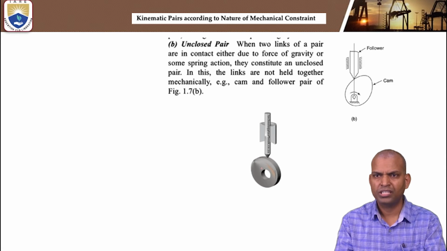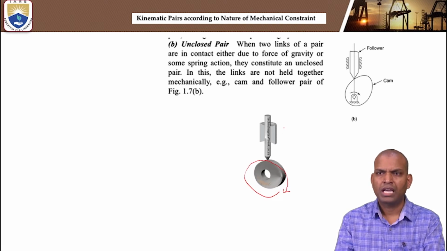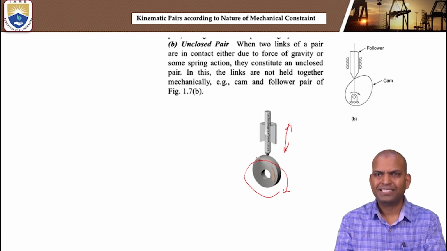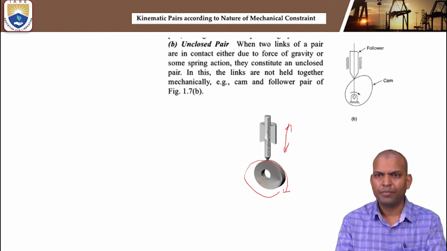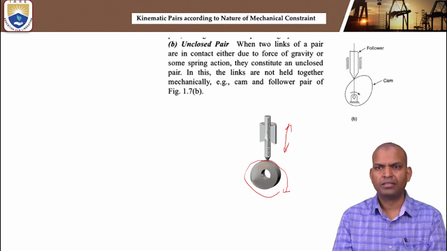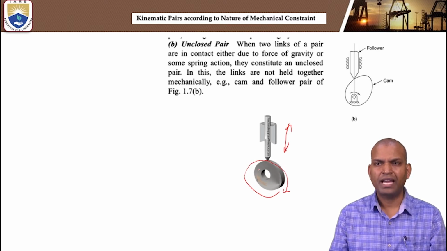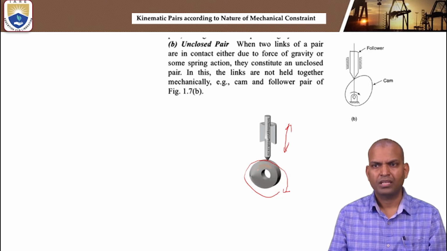In this animation you see how it is. The spring is there, and the cam and follower are moving. The cam is moving in clockwise direction and the follower is moving up and down. The follower rises at some angle of rotation of the cam, and that is called the angle of rise of a cam.